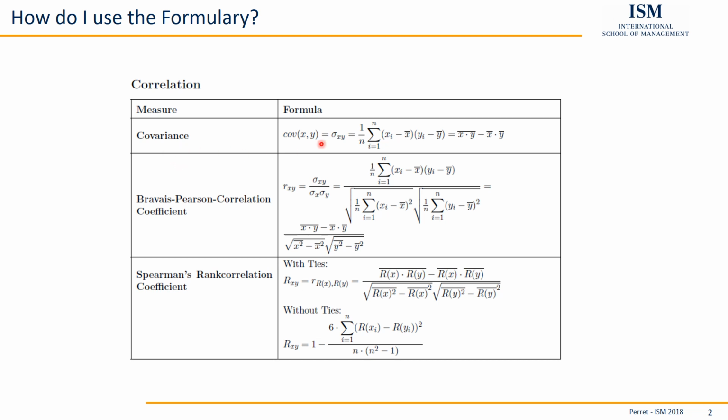The covariance we can either write with COV of x and y, or with the small sigma. The small sigma, which we already know from variance or standard deviation. And that's not so different from what we're doing here.